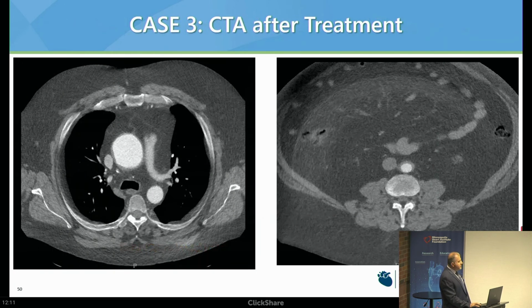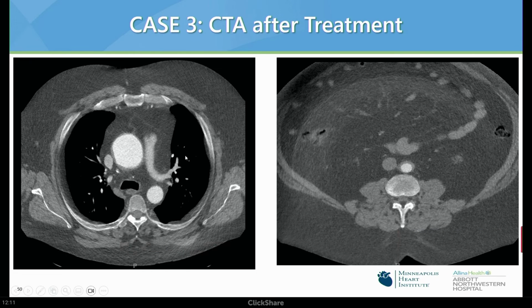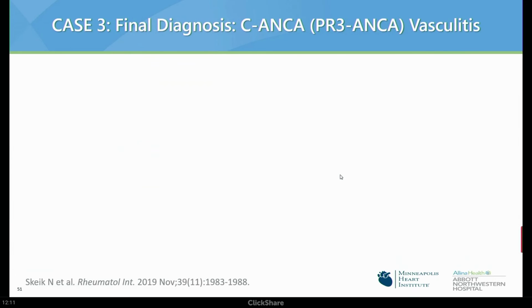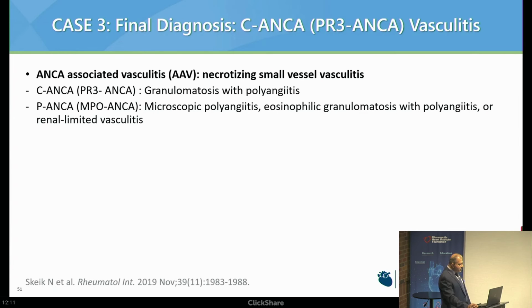He was treated with rituximab, tapered down prednisone, and he had his surgery done. Look at the improvement of the aortic wall thickness there in the thoracic and the abdomen. So yes, it was C-ANCA-related, or ANCA-associated vasculitis, which is a granulomatous disease. There are different types with C versus P-ANCA, as you see there. The main type with positive PR3 ANCA is granulomatosis with polyangiitis, which really affects the aorta.